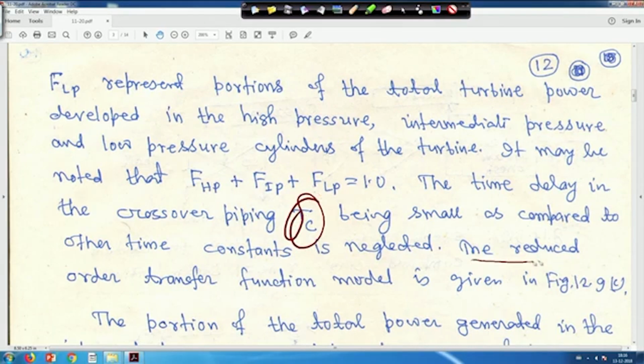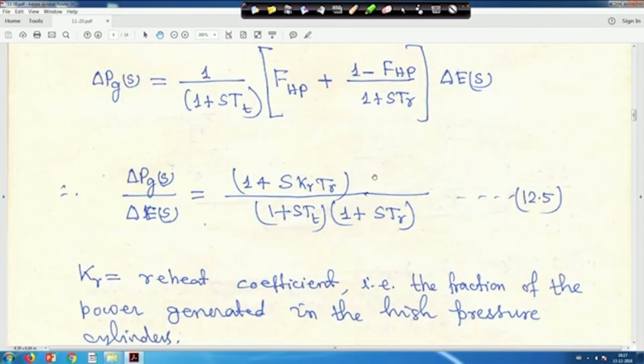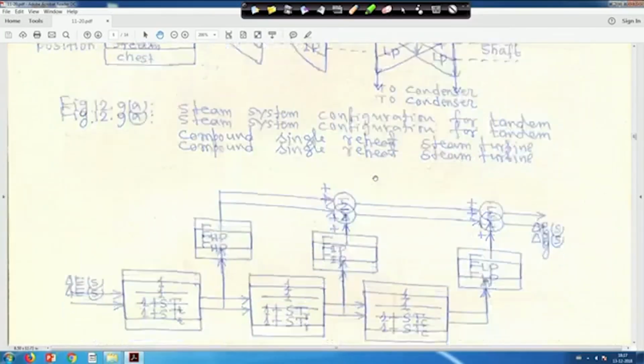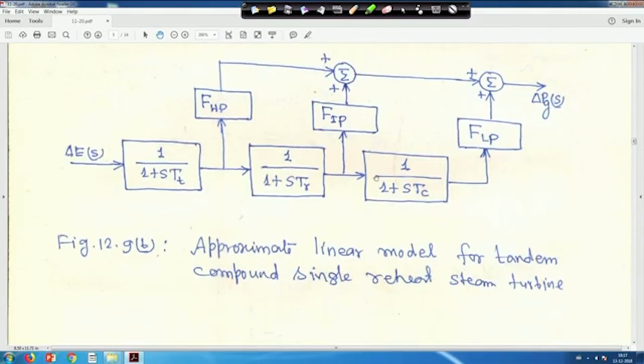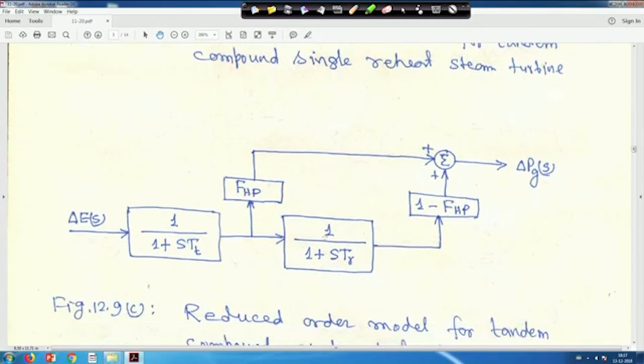Therefore, the reduced order transfer function model is given in figure 9C. We will go to the portion of the total power generated, that is figure 9C, which I showed you already, we will go once again, right. So, this is figure 9B or 9C, though with TC neglected, figure 9C will be this one, the reduced order model.